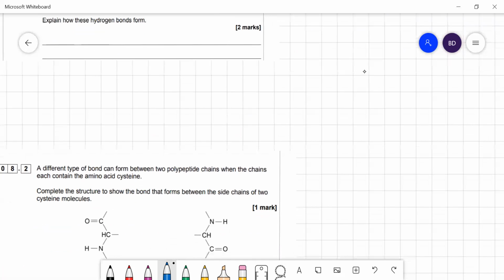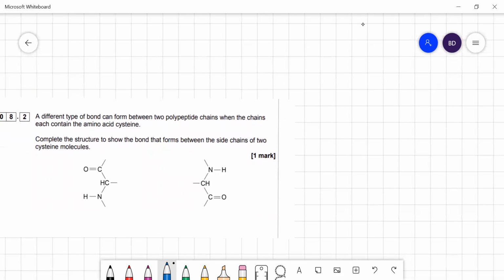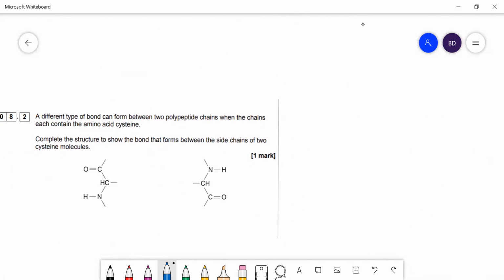Right, now for some amino acids, a different type of bond can be formed between 2 different polypeptide chains, with the amino acid cysteine. So if you look on your data sheet, you'll see the amino acid cysteine has got that group, and it's got the amine group here, and the R group has got an SH group on it.